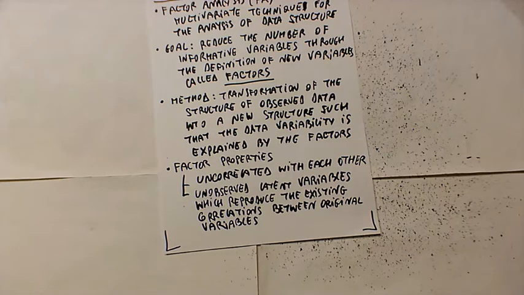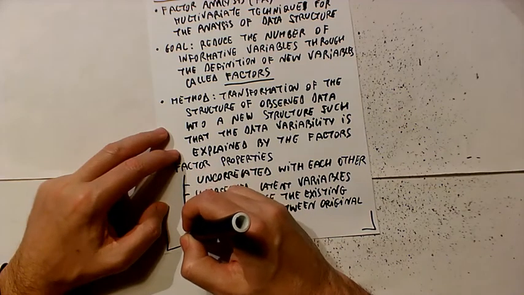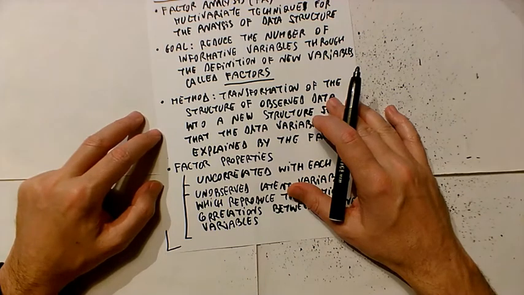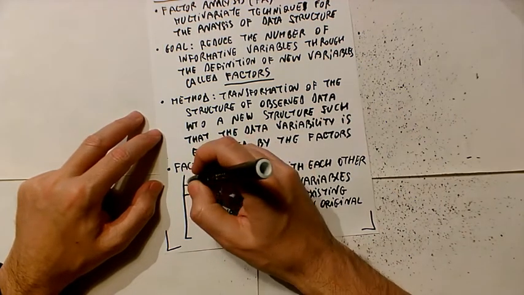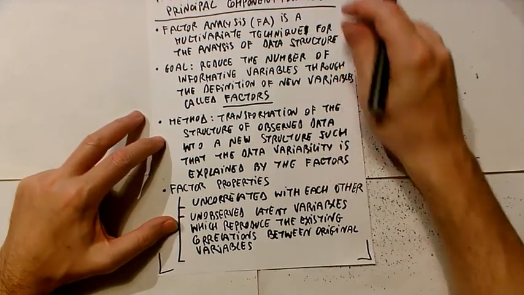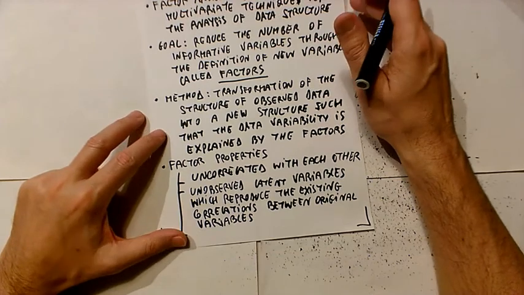Finally, another important property of factors is that the original variables are linear combinations of factors, and this is another very important property connected with the approach that will be followed in order to find these new factors.